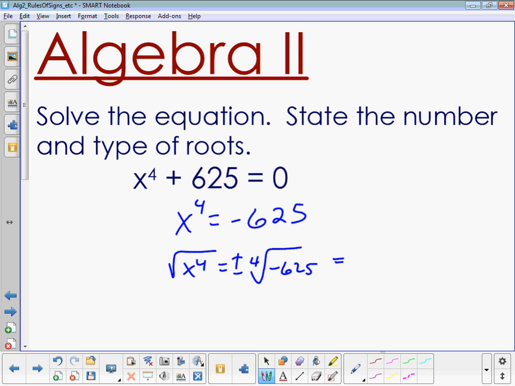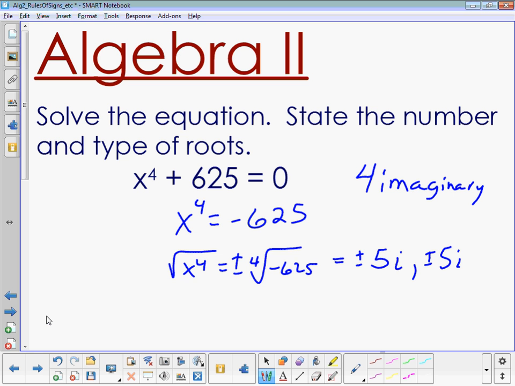The fourth root of 625 is 5, but I have a negative inside this root, which means I have imaginary roots. And that means I would have a positive or negative 5i here, and another set of positive or negative 5i. So those are all my roots, and I had 4 imaginary roots.